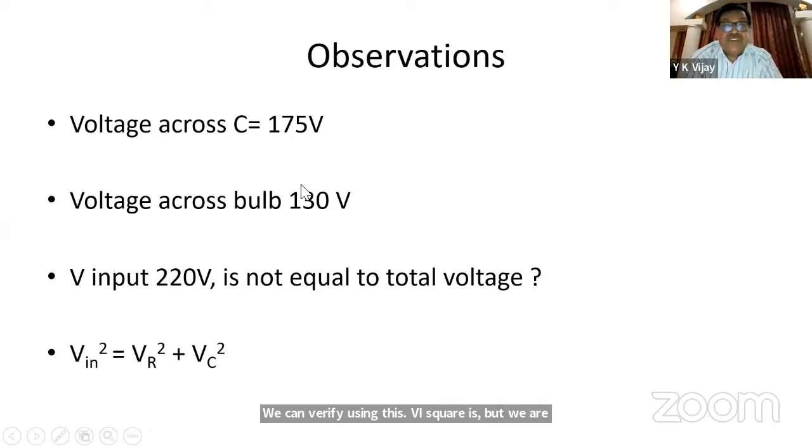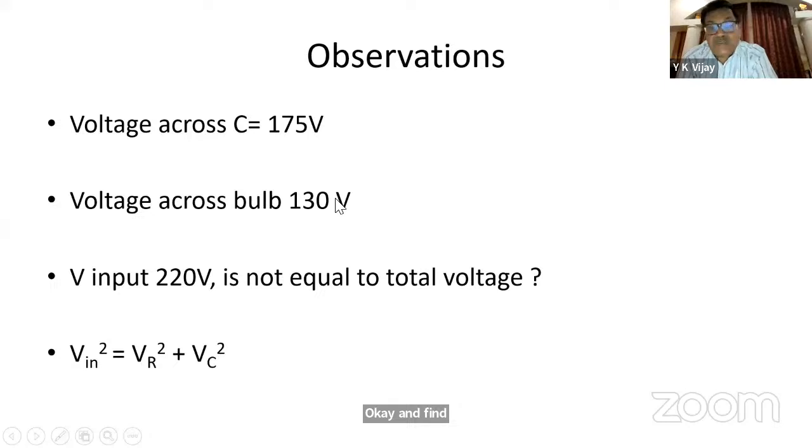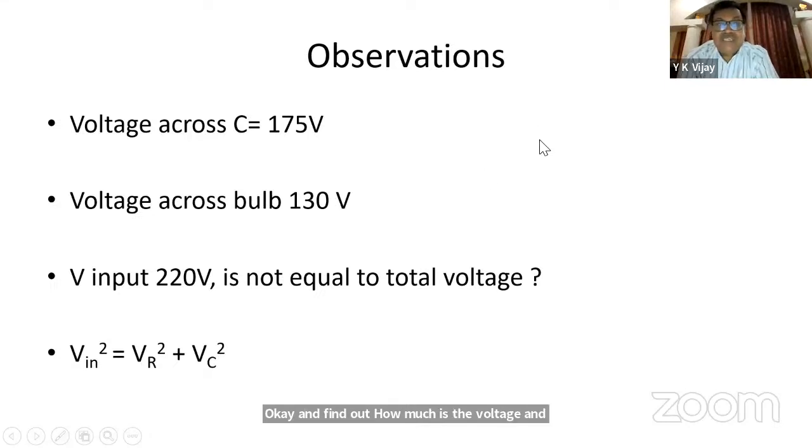Simply square and add, take the square root, and you get this value with a good approximation. So you can play with different values of capacitors and find out the voltage and corresponding resistance one can estimate with the voltage ratio.